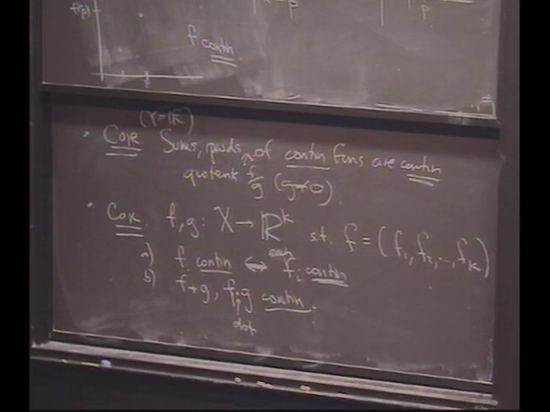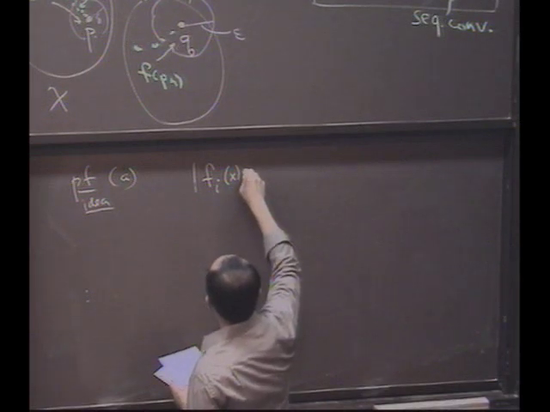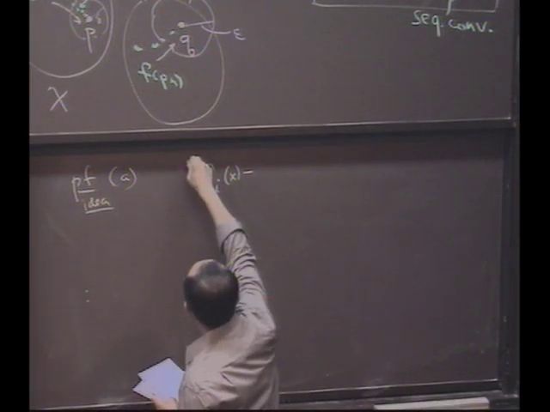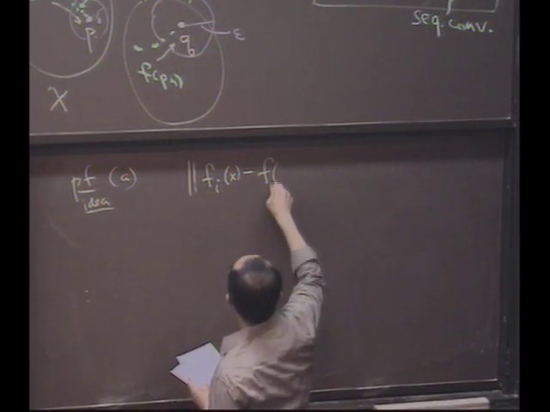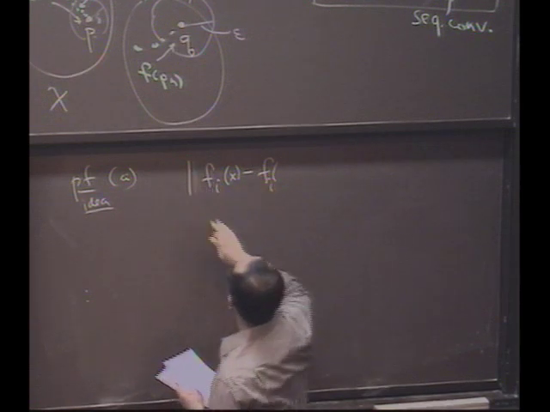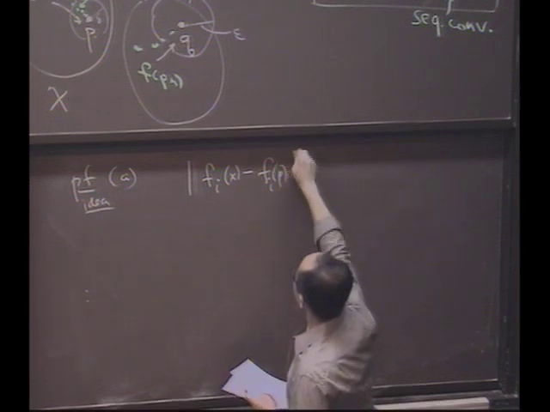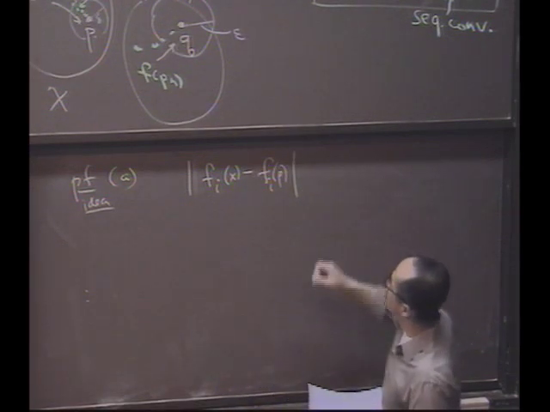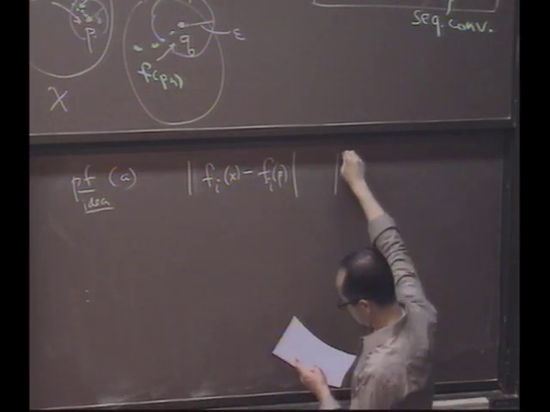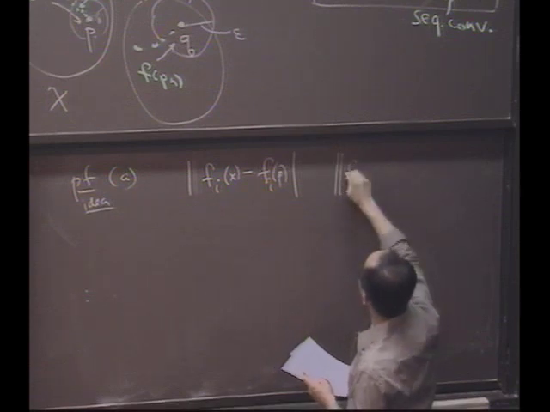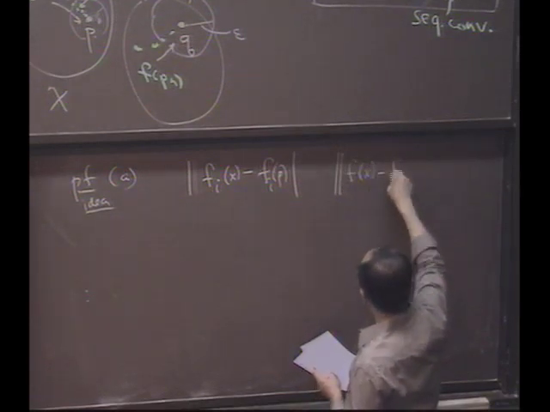Well, yeah. Wouldn't you agree that the distance between fi of x and fi of p, this is now in the real valued, this distance, would you agree that this is somehow related to the distance between f of x and f of p?